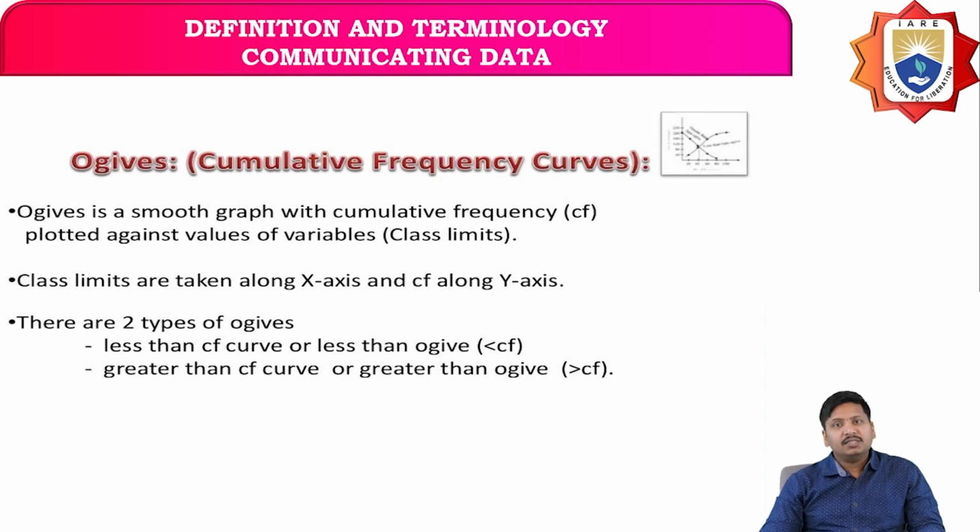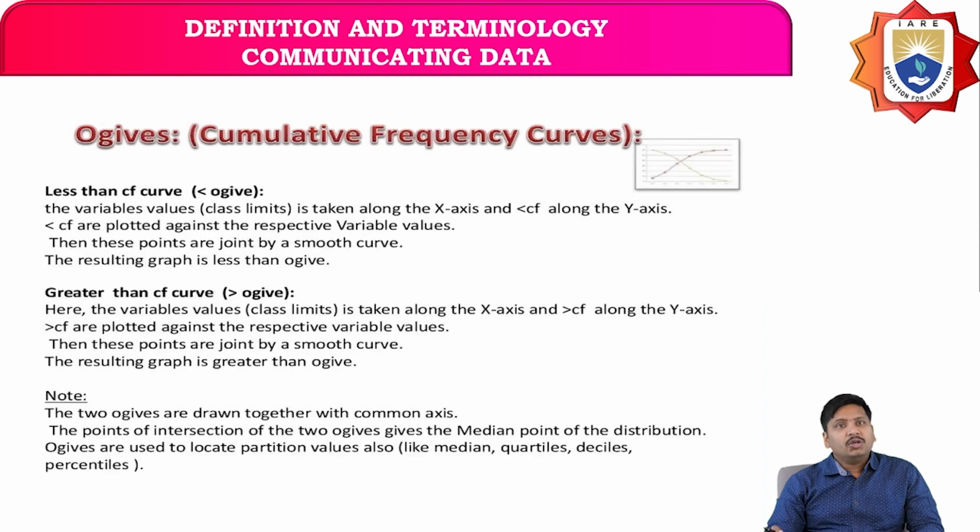So what is the less than ogive, or less than cumulative frequency curve, or greater than cumulative frequency curve? Based on these values, we can decide what type of ogive it should be. In the less than ogive curve, the variables are taken on the x-axis and cumulative frequency on the y-axis.